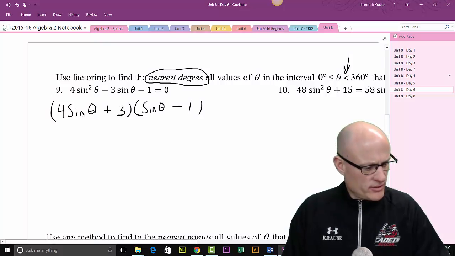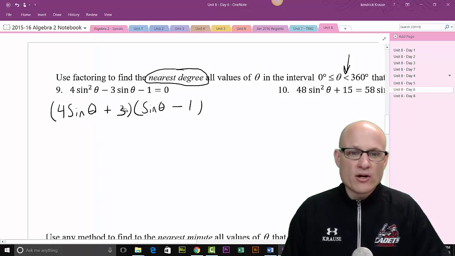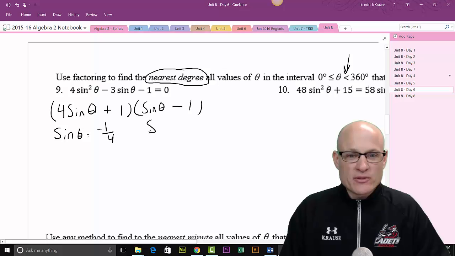I thought I did one like this already. Oh, plus 1. I'm sorry. Oh, no. Okay, we're good. We're in good shape. Plus 1. All right, so this would give me negative 4 and positive 1. Okay, so this one gives me sine of theta equals negative 1/4. And this one gives me sine of theta equals 1.